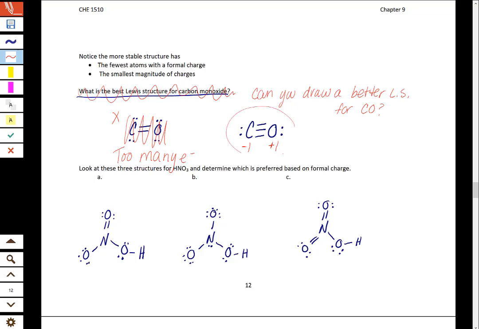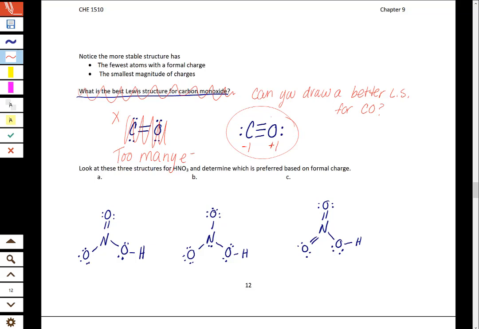Whereas over on this example, I have a valid structure to begin with because I've drawn a total of 10 valence electrons and everything has an octet. But students will see this +1 and -1 and say, oh, well, that's not good. And then they do some very unusual things. And I'm not even sure I want to tell you what the unusual things are, so I'll just give you a hint. There's no such thing as a quadruple bond. You end at a triple bond.